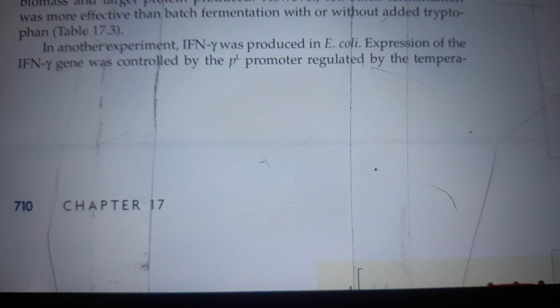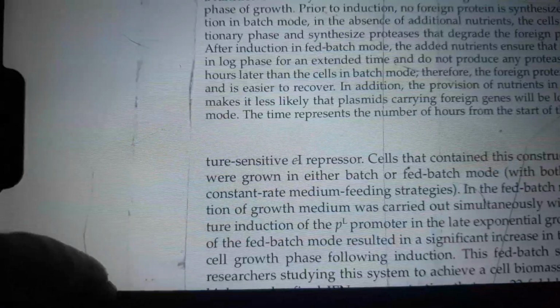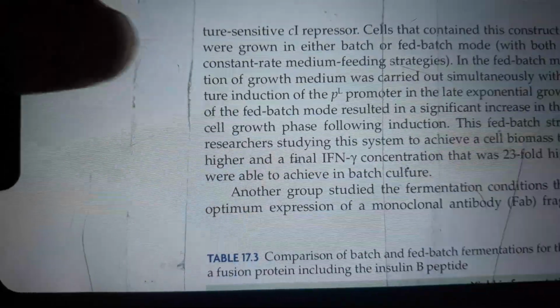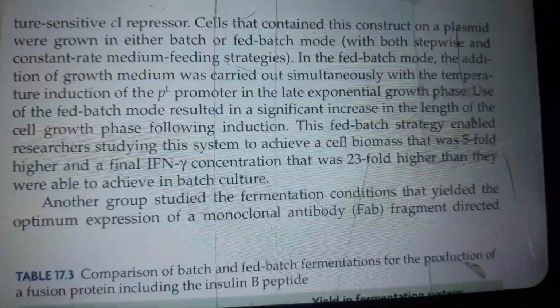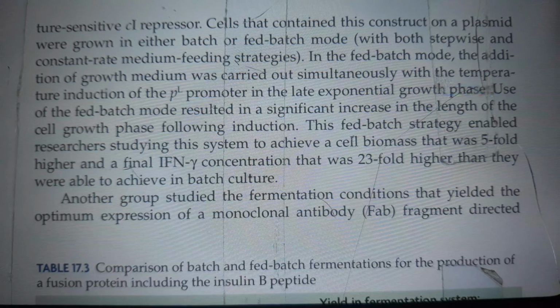In another experiment, interferon gamma was produced in E. coli. Expression of the interferon gamma gene was controlled by the PL promoter regulated by the temperature-sensitive CI repressor.